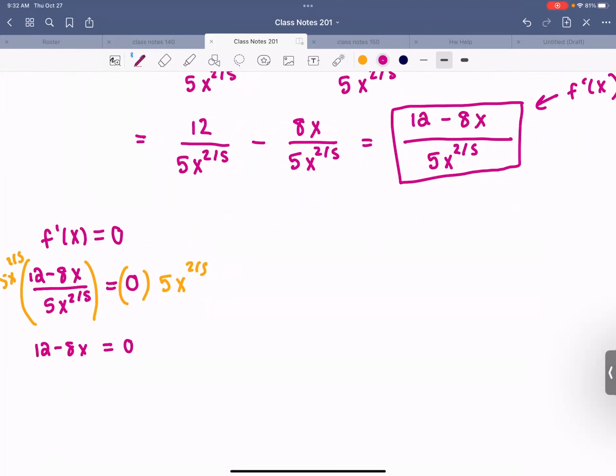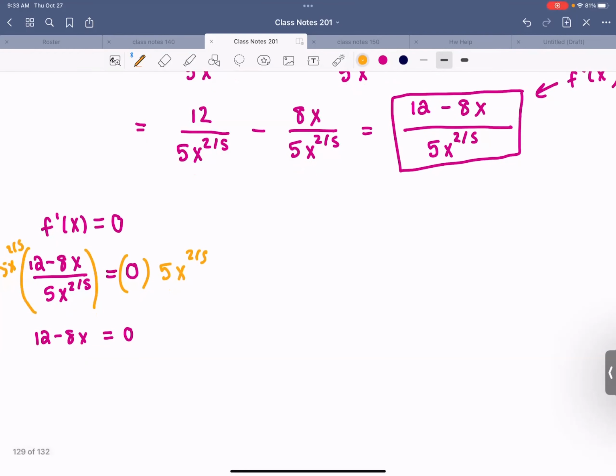Now, whenever we set a fraction equal to 0, what are we essentially doing? Did I have to start with my fraction, or could I have made it a little bit easier? So 12 minus 8x, this is the numerator of my derivative, right?